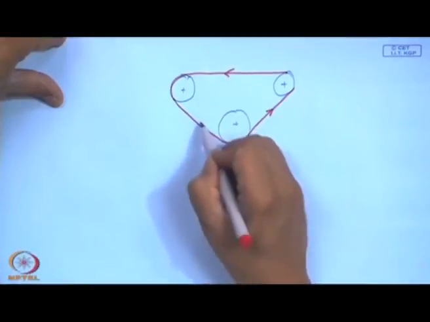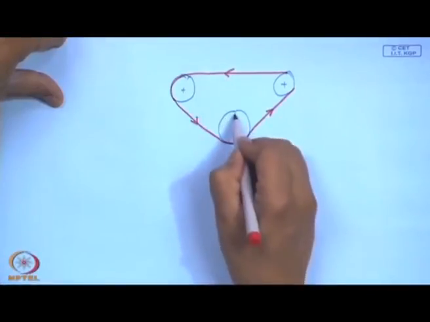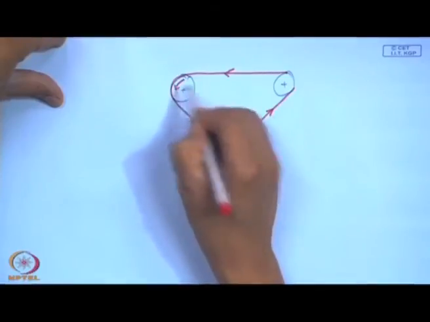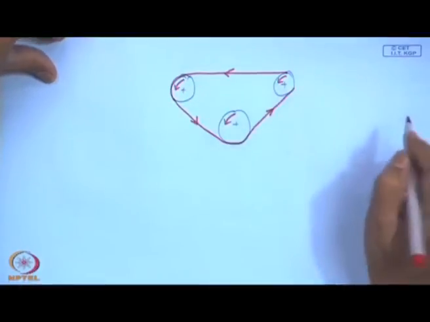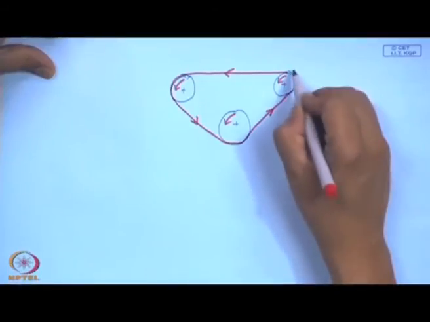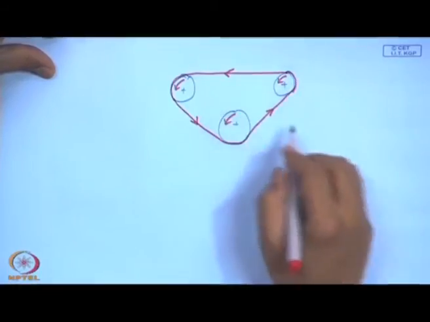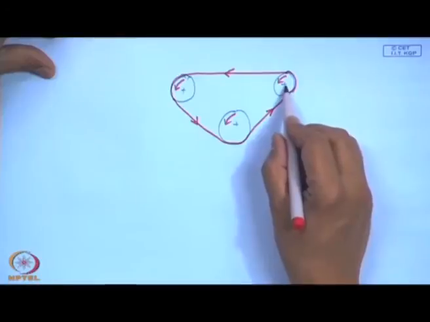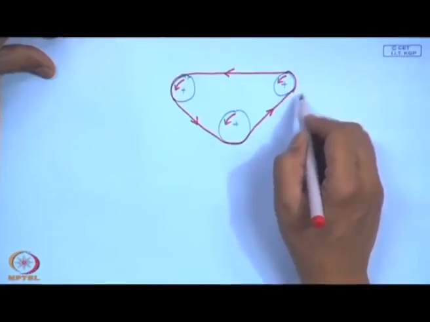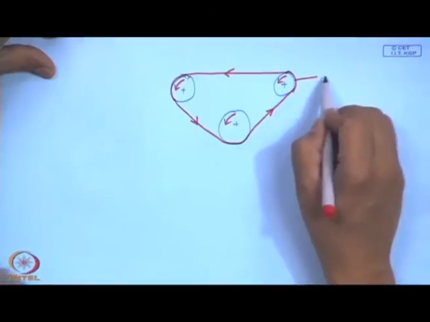And they are all rotating in a particular direction with a linear speed. So, if the belt was not slipping or if the pulley was not loose, what would happen? The relative speed between them is 0.